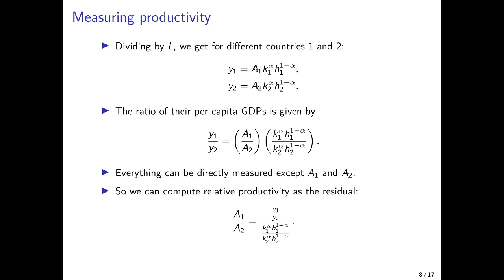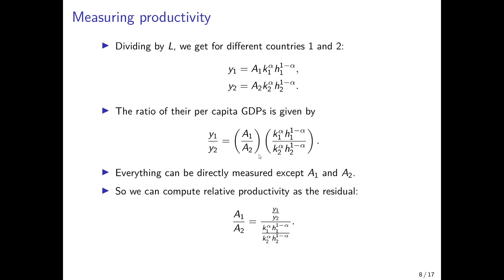And we have the first ratio here between the productivity levels A1 and A2 in the first parenthesis, and that's the unobserved part of the cross-country income differences. So everything here can be directly measured, per capita GDP on the left-hand side, and the stocks of physical capital and human capital per worker, except, and that's the productivity difference, which cannot be measured.